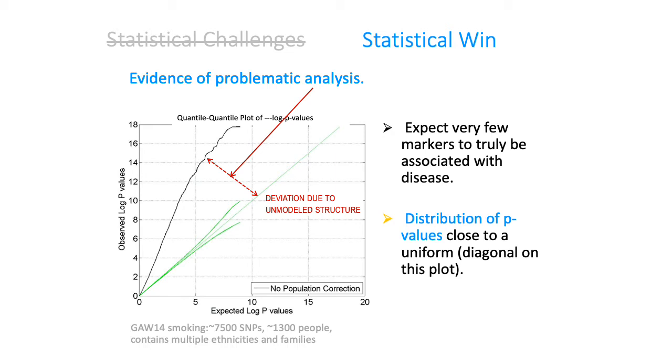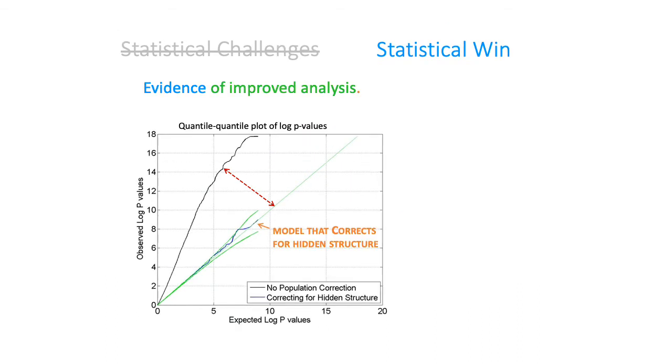Whereas strong deviations from the diagonal, represented by the black line, are usually indicators that there could be potentially confounders in your association study that you didn't consider before. When you perform an association test, it's very frequent that the line you get would be one that looks like the black line.